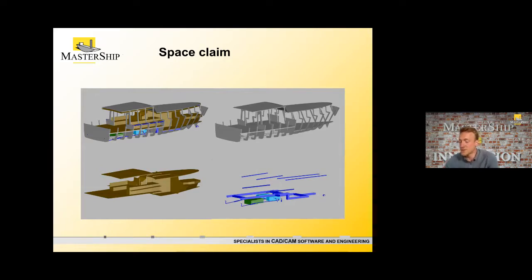Finally, it's important that all the different parties stick to this space claim. If they make a change in their assumptions, so in their claimed space, then they should contact the different parties and discuss again if it's possible to make the space claim bigger or smaller.